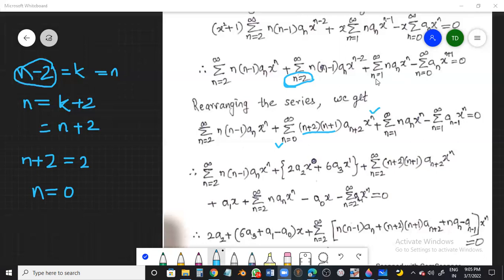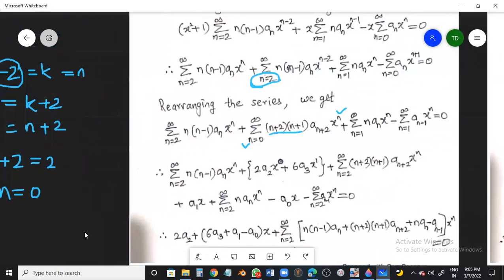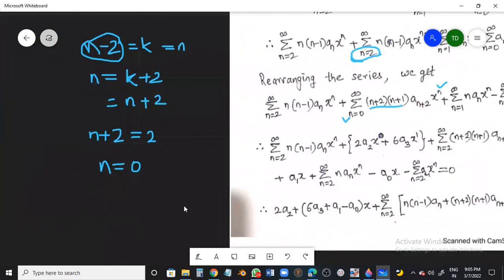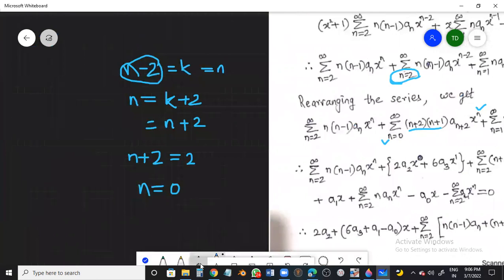Now, this is as it is, so I copy it. Next, here I want, in place of n plus 1, I want n. So again, the same kind of thing I have to perform.